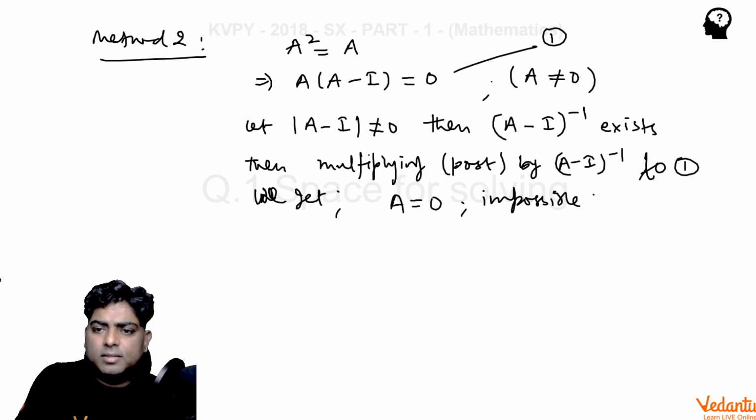So finally we can say that the other has to be singular. So our assumption that the determinant of A minus I is not 0 is wrong. So the determinant of A minus I should be 0.